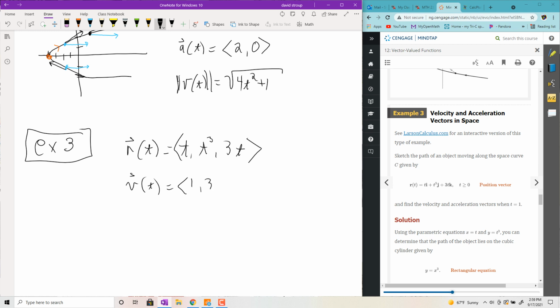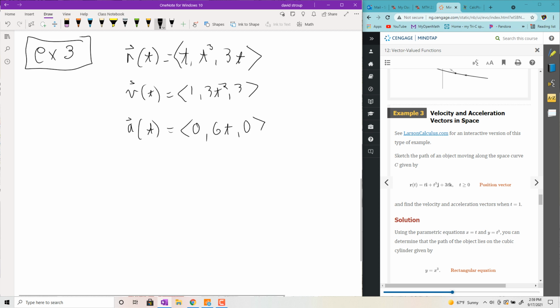So 1, comma 3t squared, comma 3. To get the acceleration, that's just the derivative of those. So 0, 6t, and then 0. And what do they want me to do? Sketch a path of the thing?